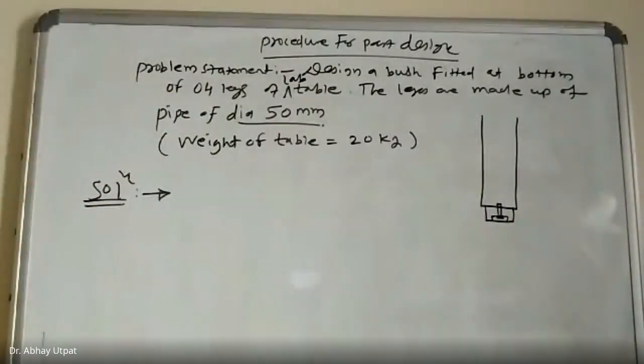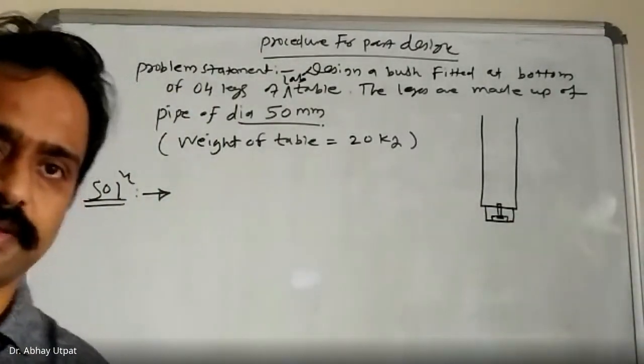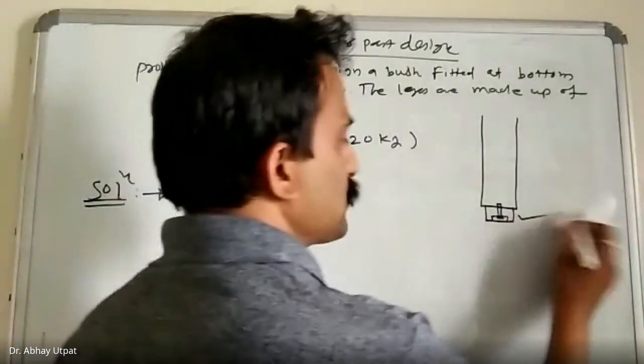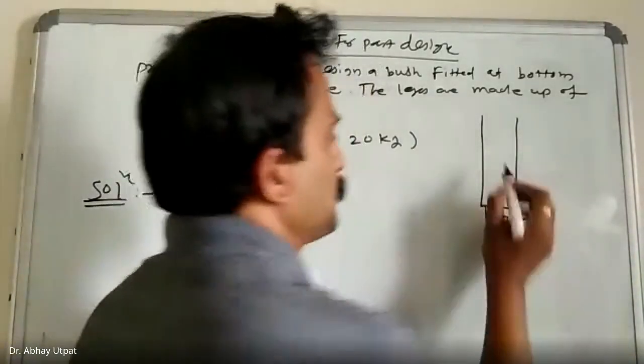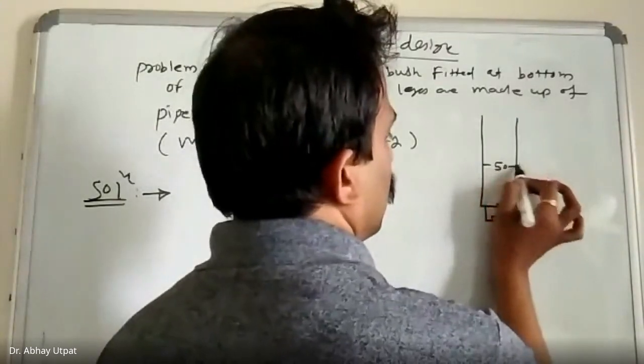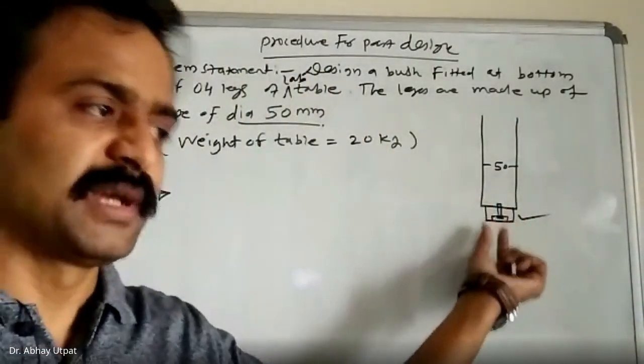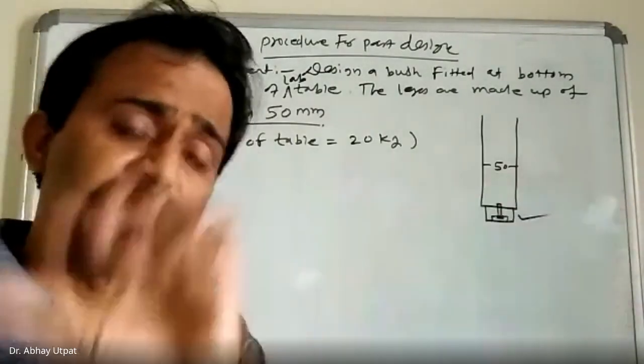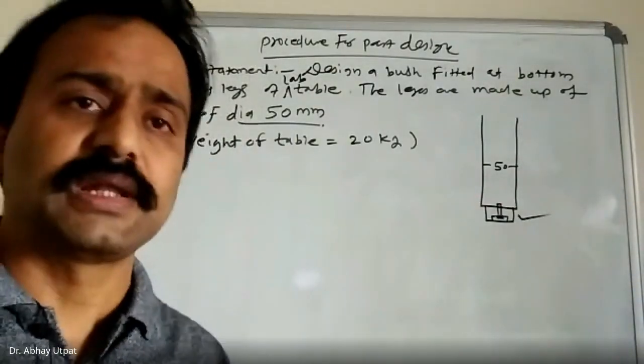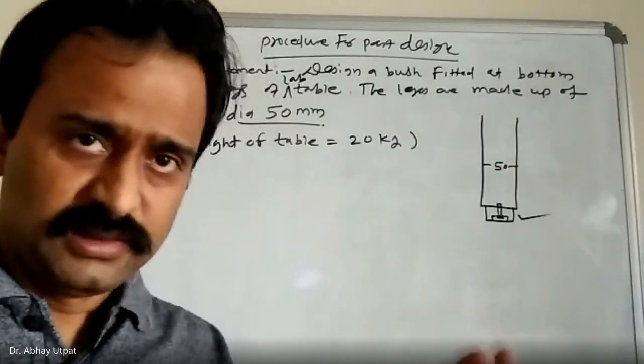Screw is fitted so that bush will be locked there. We are going to design this bush. This is 50 mm, so bush diameter may be a little less than 50 mm. It may be around 30 mm. That's why the last statement is: assume suitable data wherever necessary.